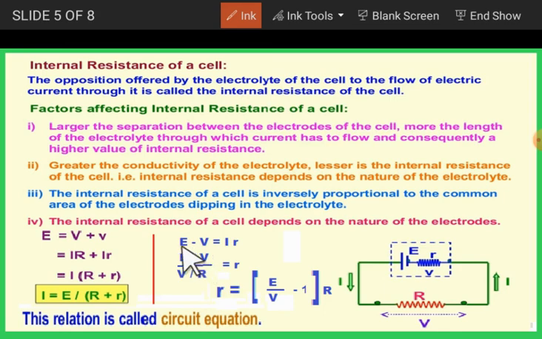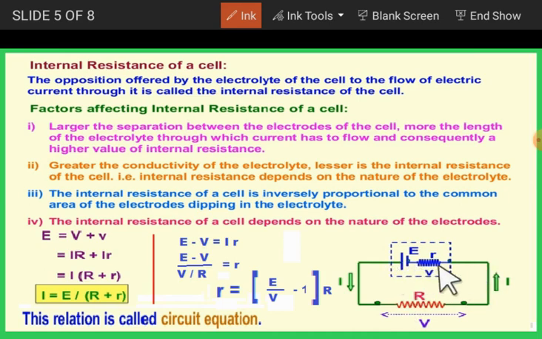Think that your EMF is denoted by E, potential difference by V, then we know that EMF is greater than the potential difference of a cell. If you want to know how much it is more, then you have to take a difference, right? So E minus V is the difference in the potential difference. That much potential difference is across the internal resistance.